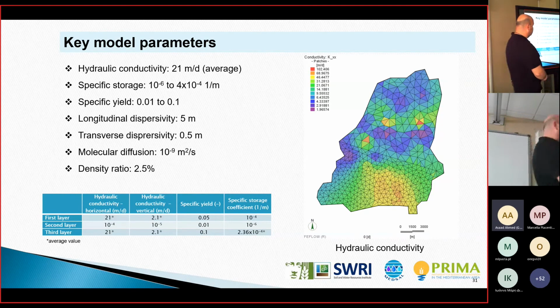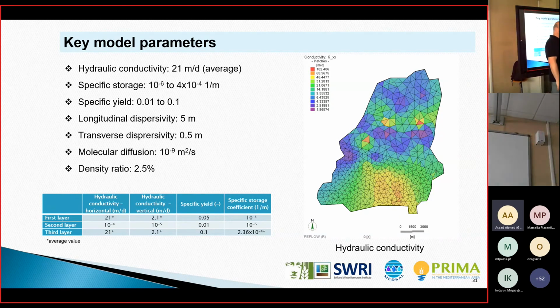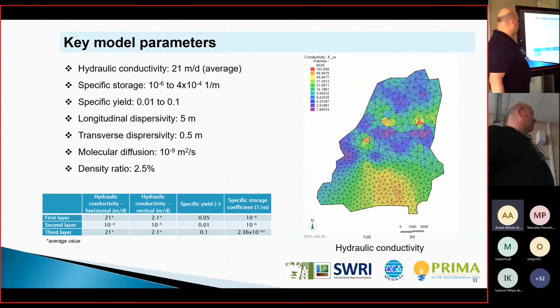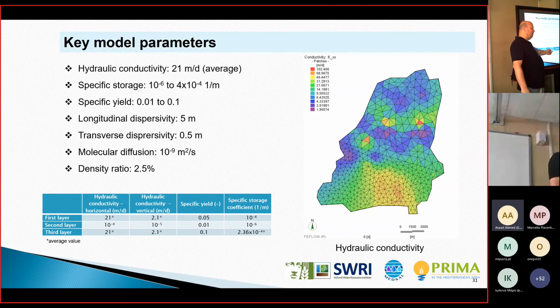This is heterogeneous because it varies, as we understand from the map. And it is anisotropic because you have different values between the horizontal conductivity and the vertical conductivity.